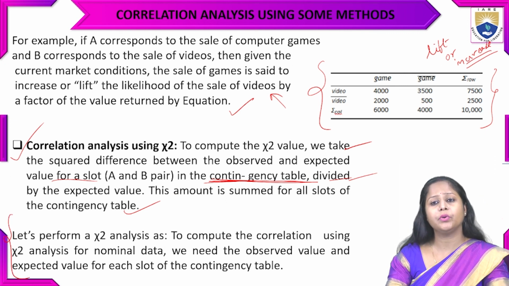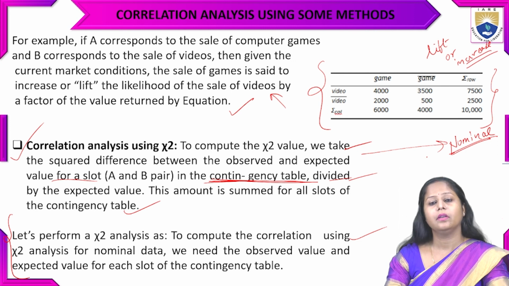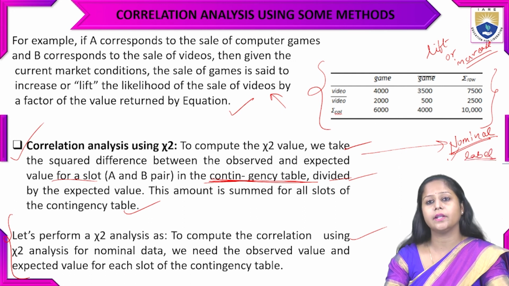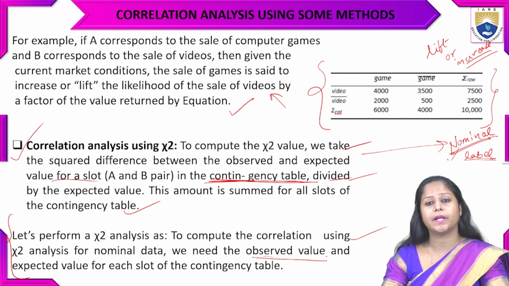To compute the correlation using chi-square analysis for nominal data, this is only used for the nominal type of data, which is data having labels. We need the observed value and expected value for each slot of the contingency table.